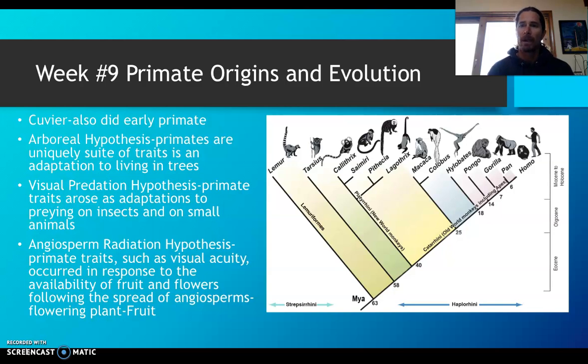We get the death of dinosaurs, then we stop talking about mammals, and then we get a loose understanding of human evolution, and people think Neanderthal, and then we jump to Neanderthal. So there's a big gap, almost a 65 million year gap, and this week and the next weeks are going to fill in those gaps.